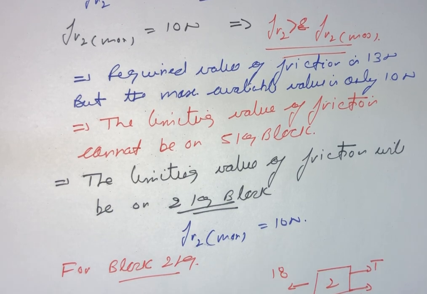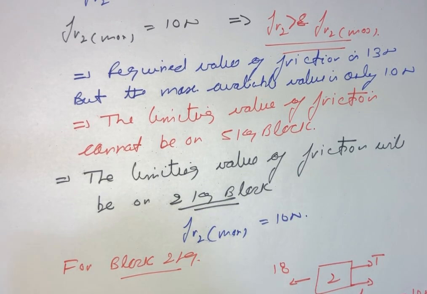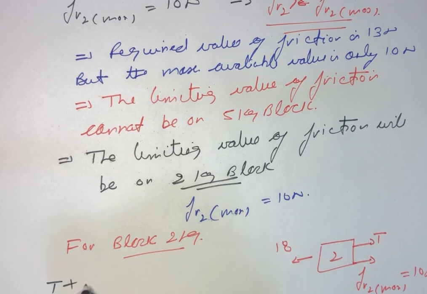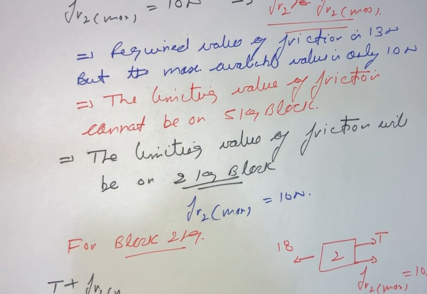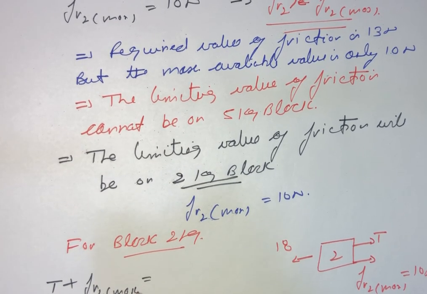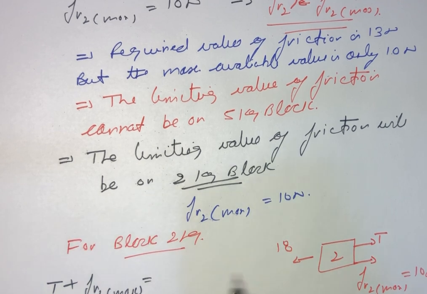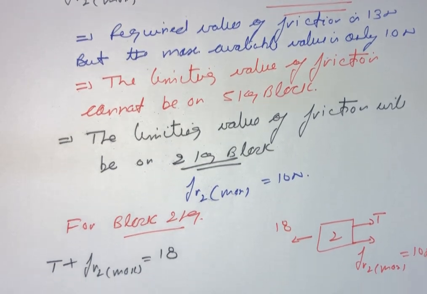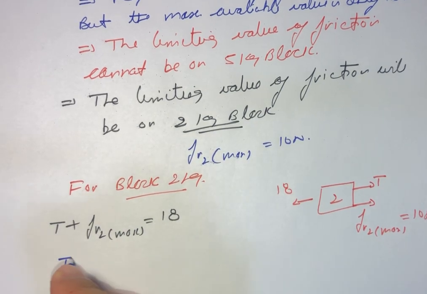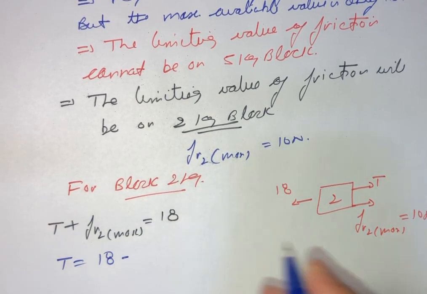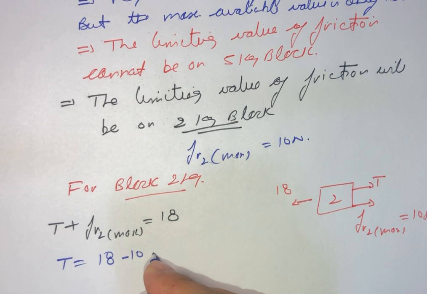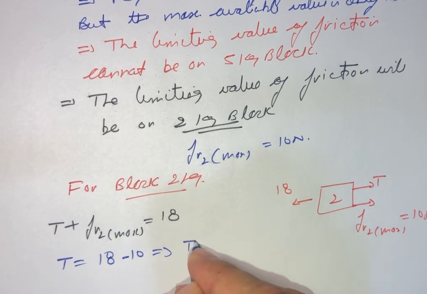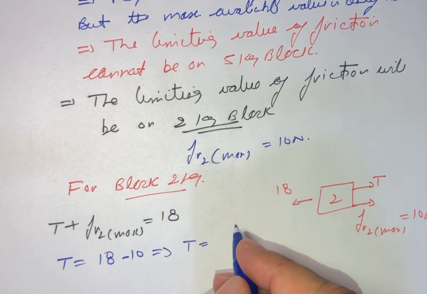Now we find out value of tension T, so we can say that T plus FR2 max is equal to applied force 18, and T will be equal to 18 minus 10, T is coming as now 8 Newton.